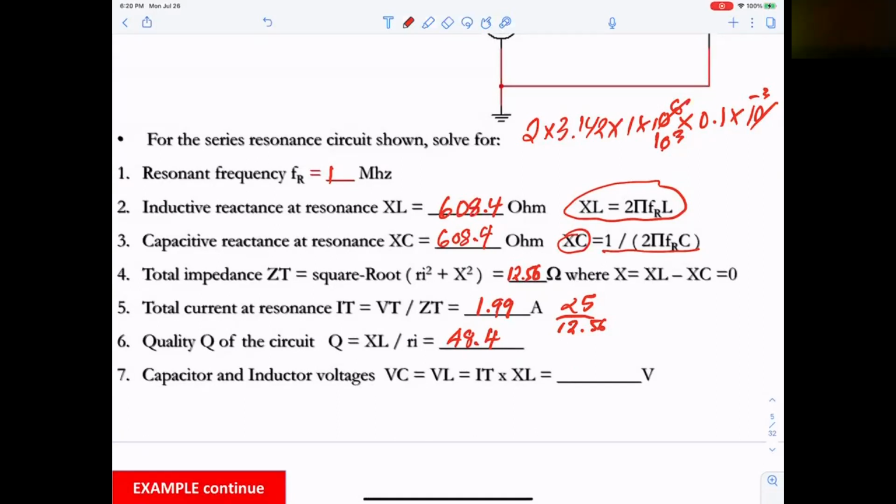Hey, Mr. Pham. Yes, sir. I know on number 1, you said the resonant frequency was 1 megahertz. Then when you were doing XL, it's 2 times pi times the frequency, which is 1 meg, times 0.1 millihenry, correct? Correct. I didn't want to interrupt earlier, but I keep getting 628.3. How come? You can see I'm already doing the calculation for you right here.